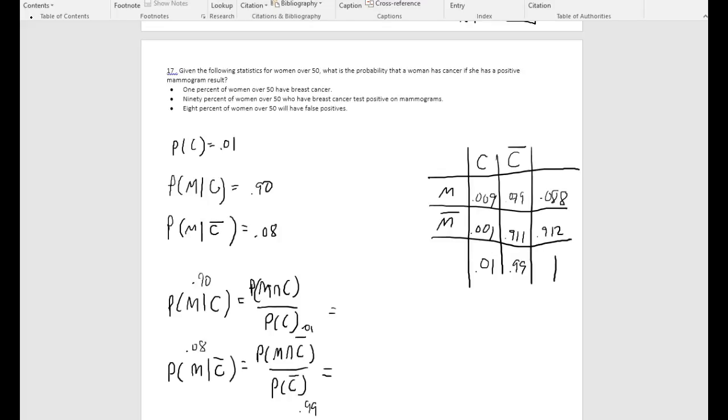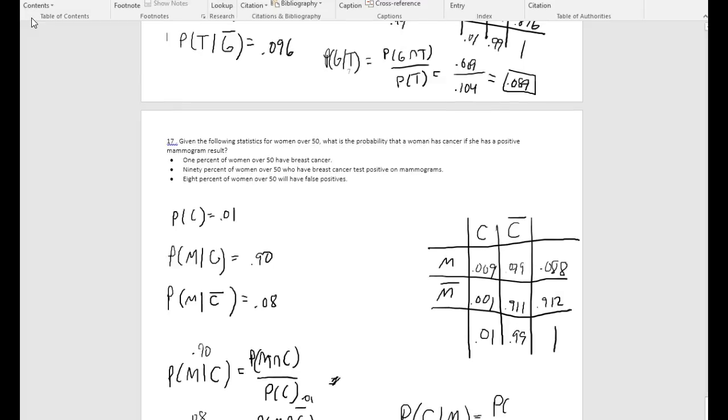All right, so given that she has a positive test result, so given M, probability that she has cancer. And we just plug in our formula.